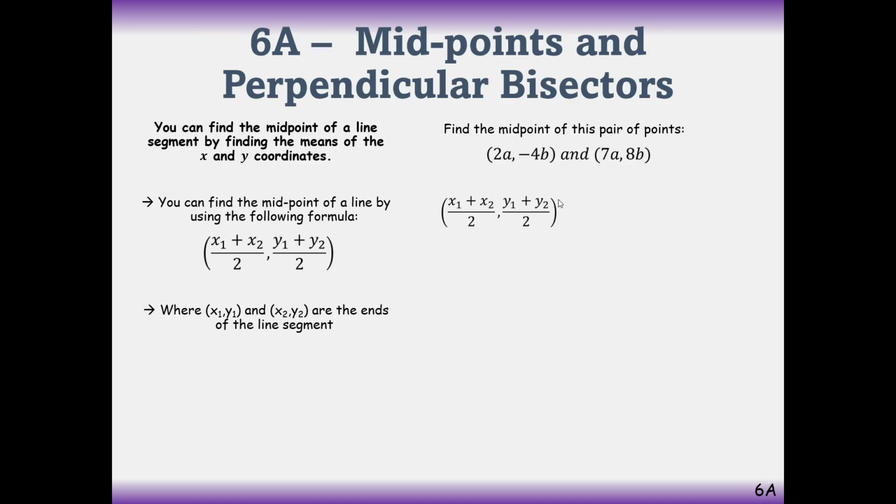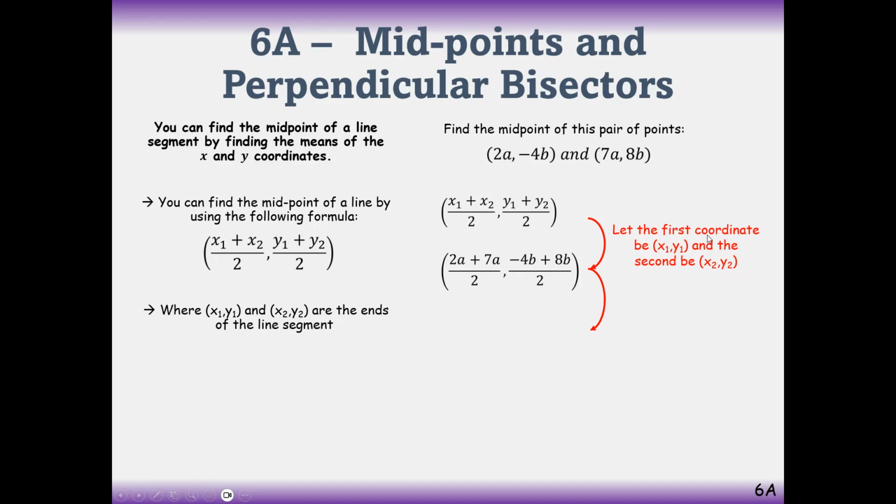In this next example, you are using abstract algebra to figure out the midpoint. So it doesn't matter, even though you don't have numbers, you can still add 7a to 2a. That would give you 9a. 9a over 2 is 4.5a, and so on and so forth. So if we put the expressions into the formula, you'll end up with this answer here.